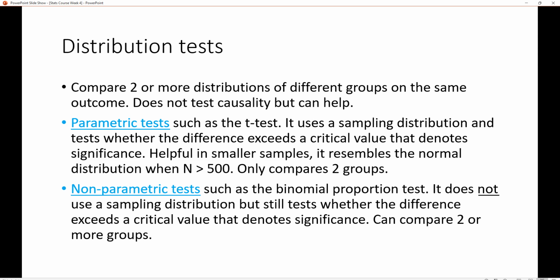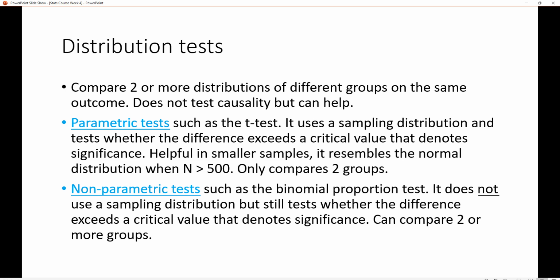The Doll and Hill study that we'll look at later is a good example of how some good descriptive statistics paired with useful distribution tests on a very representative sample, backed by clinical knowledge or expertise in the subject, can really help to prove very important findings.